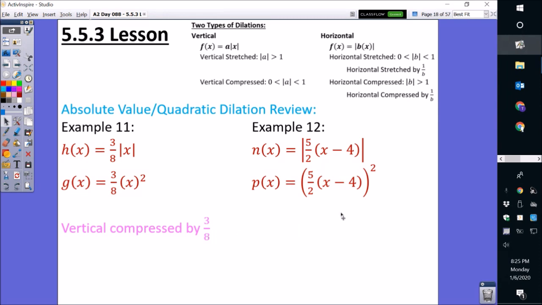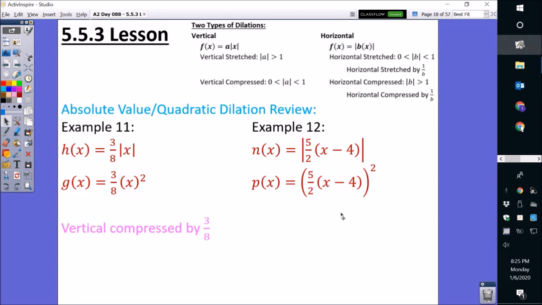All right, now over here, example 12. Now n of x is written in absolute value, p of x is written in quadratic form. Both of them have the same numbers. Now in absolute value, you can see the difference between absolute value lines and parentheses.